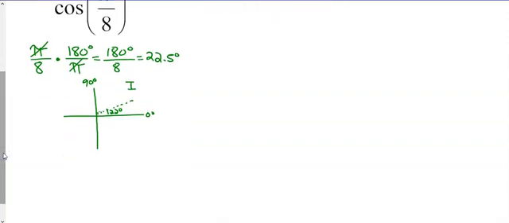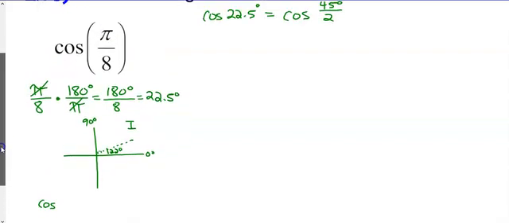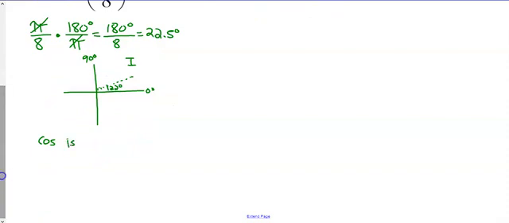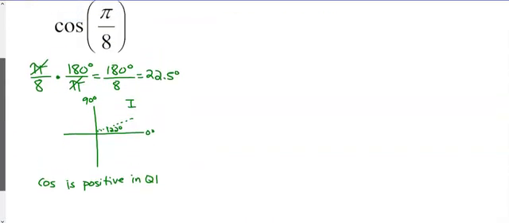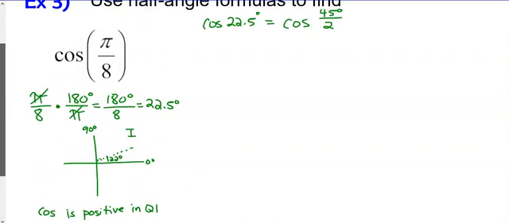Everything is positive in quadrant 1, so we're just going to make a little note. We're using cosine, yes. Cosine is positive in Q1. So as we write down our formula, we're going to use a positive sign and then a big square root sign.